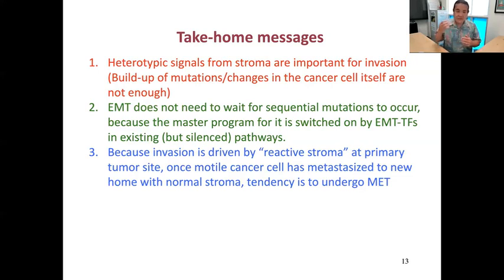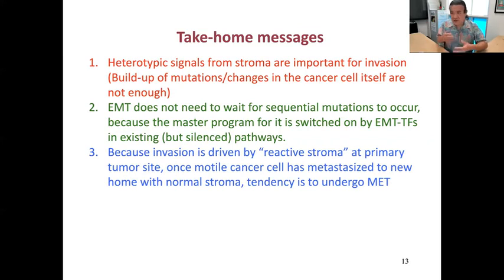And point three, because invasion is driven by the reactive stroma, this confused environment at the primary tumor site, once you have a motile cancer cell that has entered the blood and gotten somewhere else in the body, somewhere where there is normal stroma and not reactive stroma, that cancer cell is now removed from that very crazy environment of the reactive stroma, right?